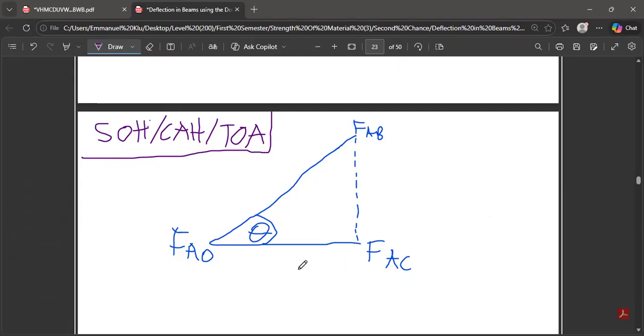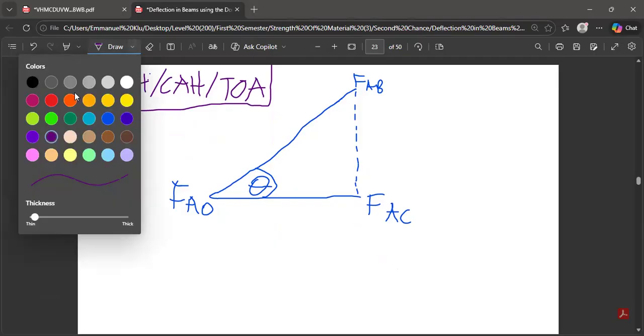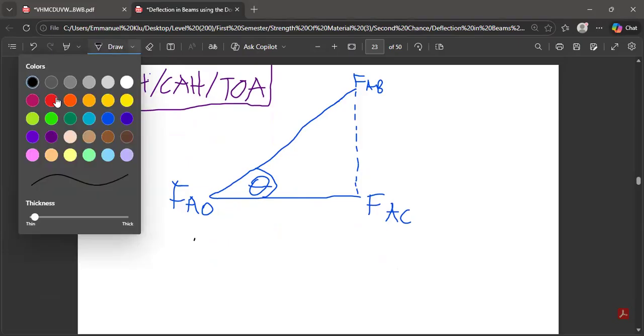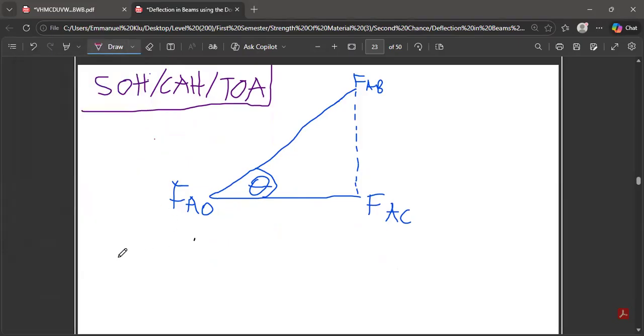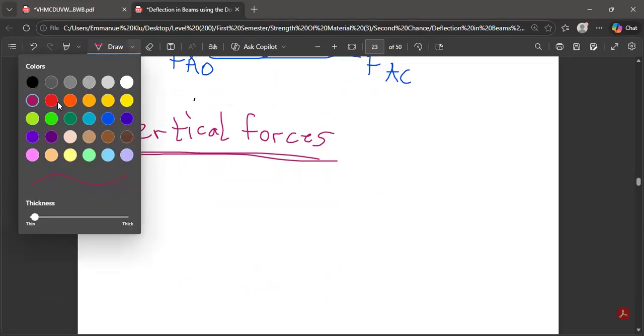So now we want to know the vertical forces in this kind of right angle triangle we are seeing over here. So what do we do? We write over here vertical forces and we calculate for it, very, very simple.